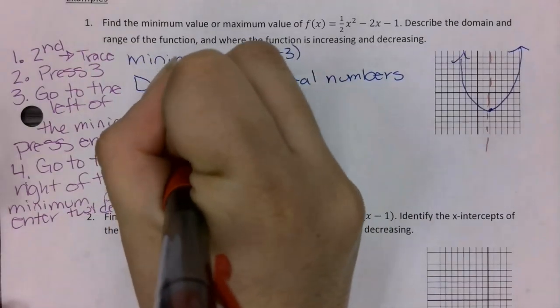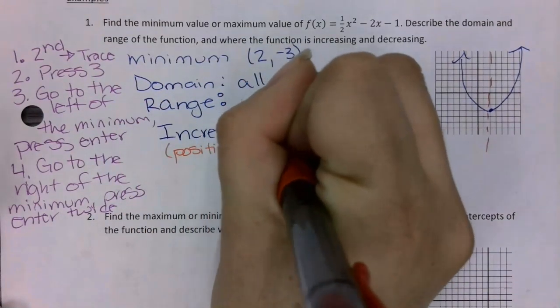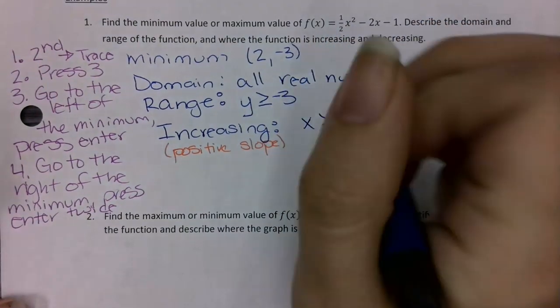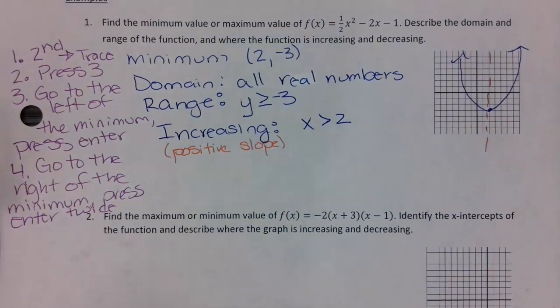The right side has a positive slope. So the way I'm going to write that is x values greater than 2. Why is it greater than 2? Yeah, because of the x value.